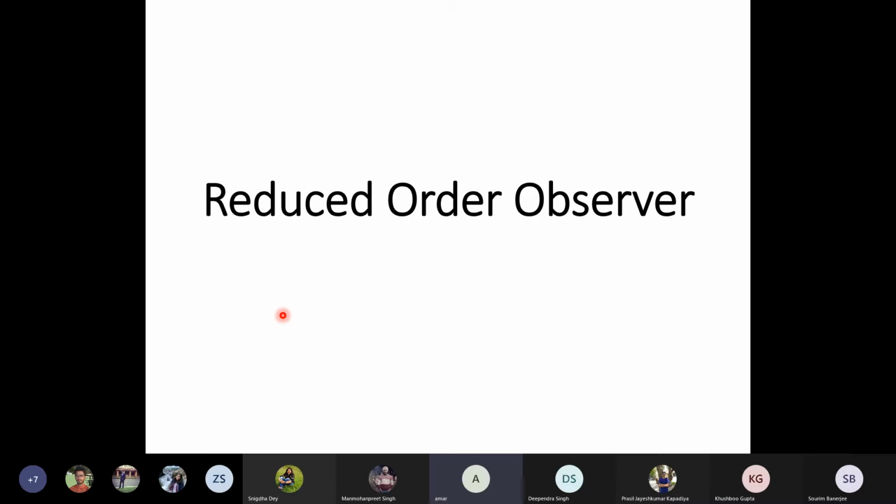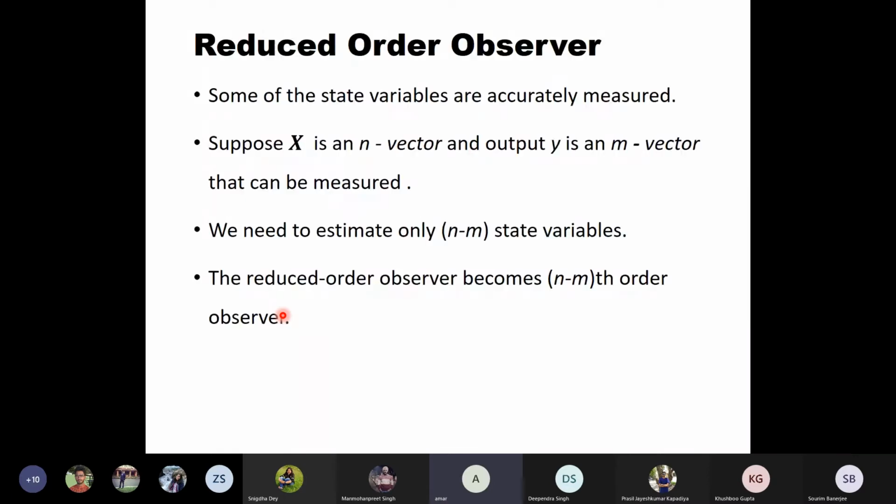However, if some of the states are measured, then there is no point observing those states. In that case, we can observe only the states which are not measured, which is called the reduced order observer. In a reduced order observer, some of the state variables are accurately measured, so we are not observing those state variables.